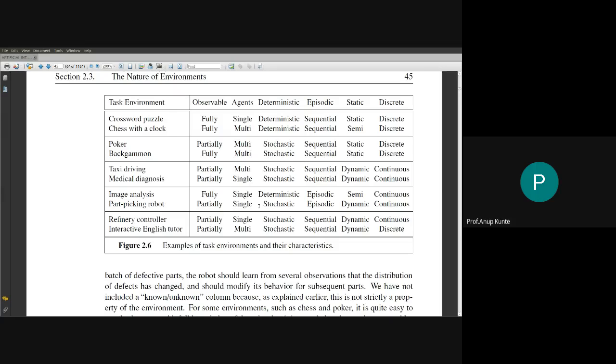Then such environment is deterministic, it is an episodic environment, and surely it is static because you already define your crossword puzzle and provide it for the solution, and you do not alter it in between or randomize it in between. So it's a static environment, and it is a discrete environment because you take turn on solving it one after the other, as well as you observe it after one turn is complete because your state gets updated of the puzzle board. Okay, a lot of board games would be of a similar kind.